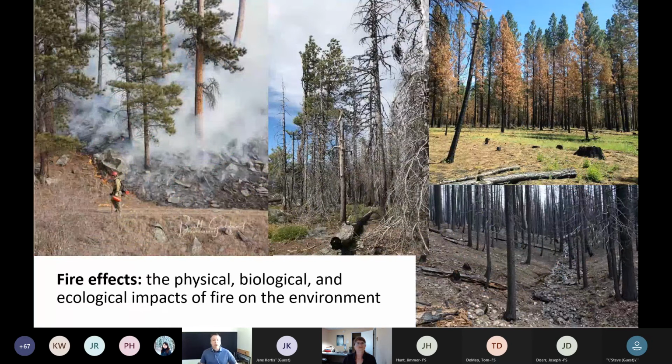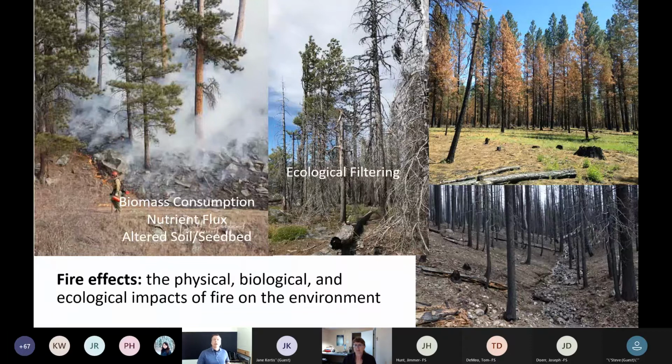I'll contrast that with fire effects, which are basically the outcomes or impacts of the fire on the environment. That can include a lot of things, from consuming biomass. Jane described some of the nutrient flux associated with fire and the consumption of biomass on the forest floor, litter and duff. We might see altered soil and seedbed environments. It can include some of the ecological filtering effects that Jane referred to, in terms of differential species survival or creating conditions that may differentially foster regeneration of some fire-adapted species over others.